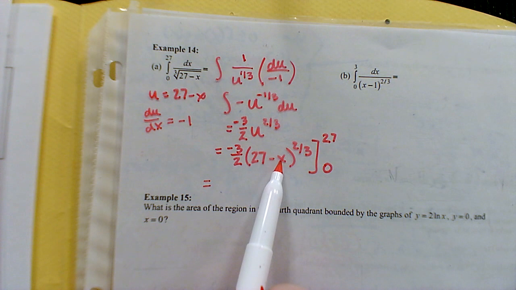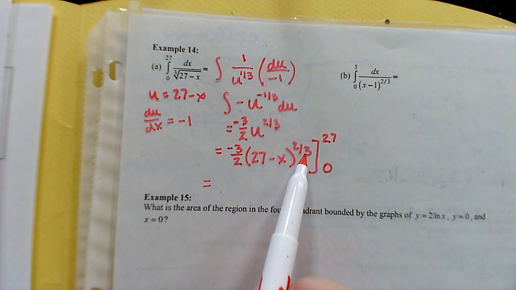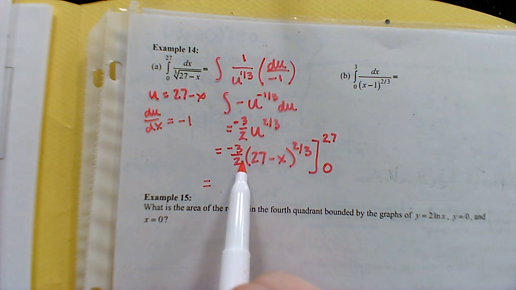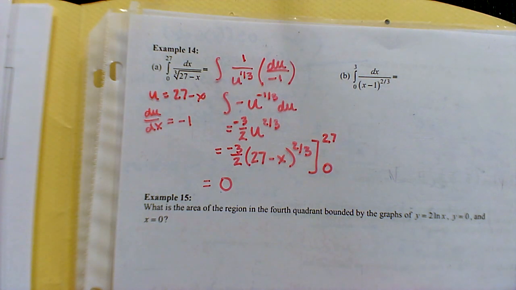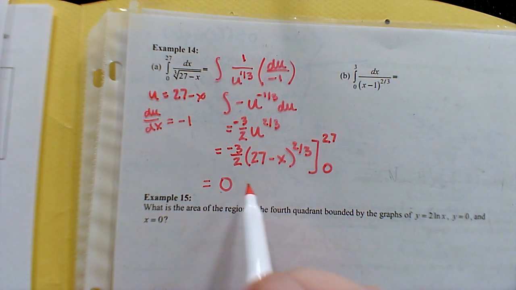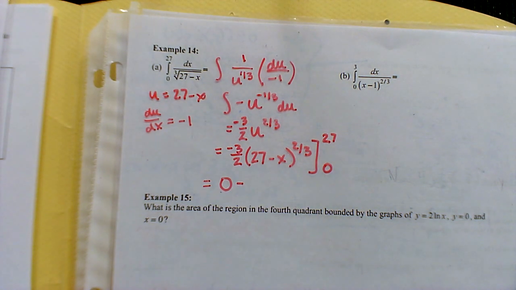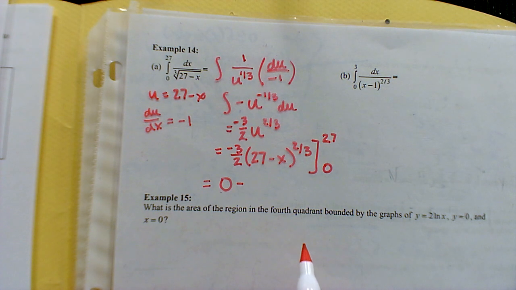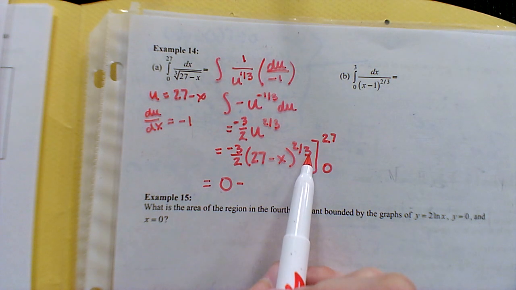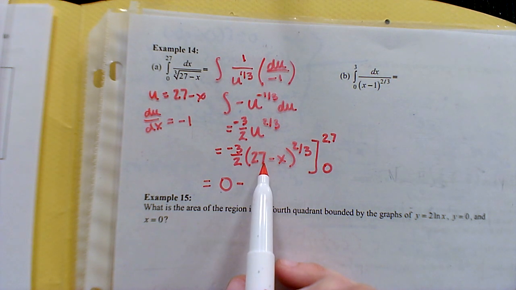So if we plug in 27, we get 0 to the 2/3, which is just 0 anyway, times 3/2, still going to be 0. And then we have to subtract what we get when we plug in the bottom bound. So if you plug in 0, we'll have 27 to the 2/3. Can we do that in our heads? I hope so. Can we do the cubed root of 27?